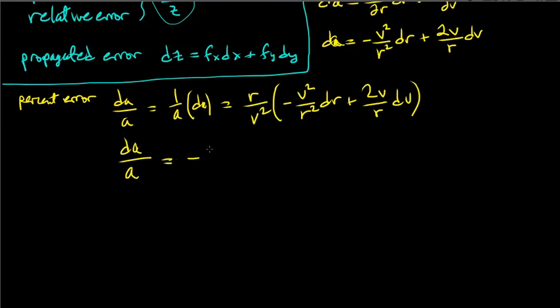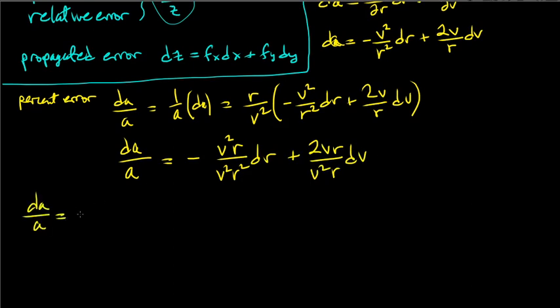You get negative v squared r over v squared r squared times dr, plus 2vr over v squared r times dv, but we can definitely simplify that to negative 1 over r times dr, so dr over r, plus, the v's cancel, the r's cancel, so we just get 2 times dv over v.